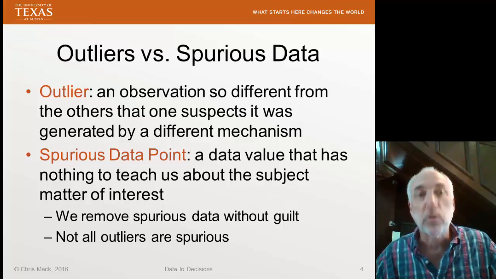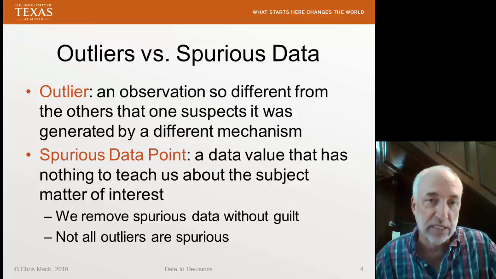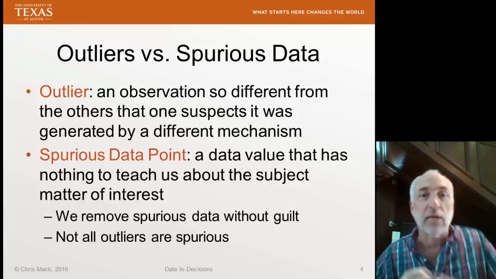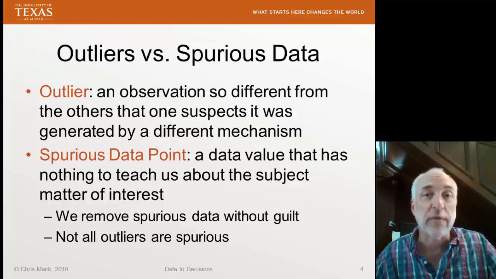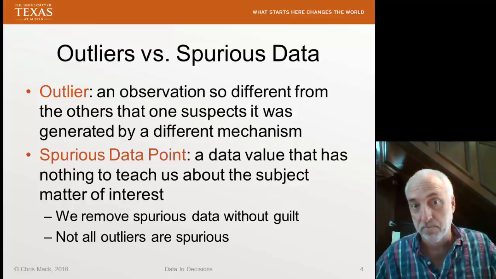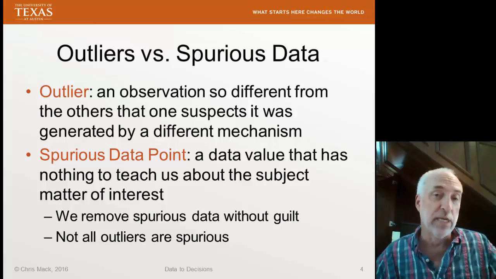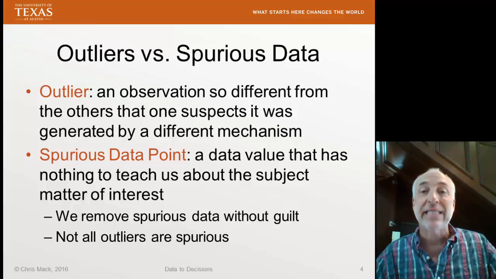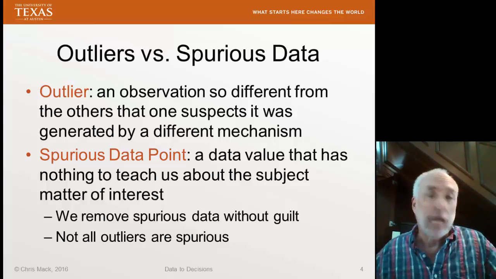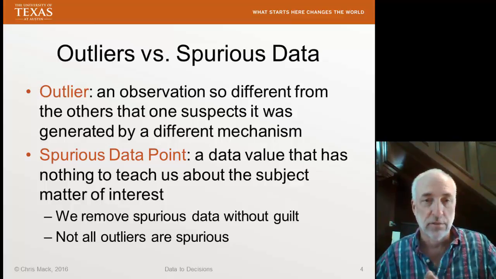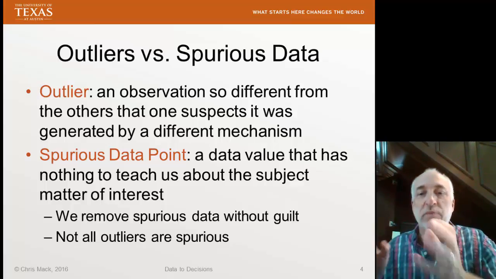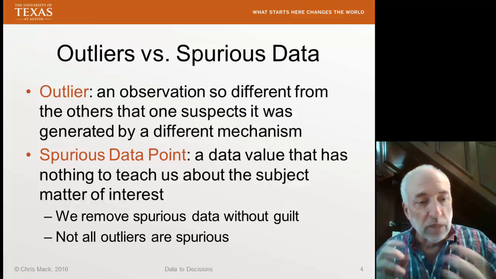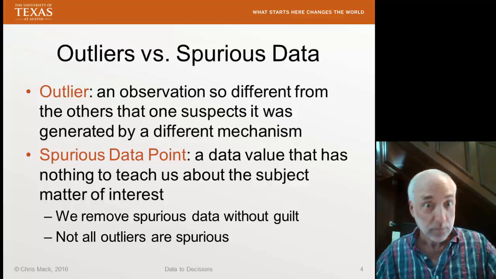And it is the difference between an outlier and a spurious data point. As I said, an outlier is an observation that's so different from the others that we suspect it was generated by a different mechanism. A spurious data point, on the other hand, is a data value that has nothing to teach us. We're studying a particular process, a particular mechanism, a particular physical phenomenon.